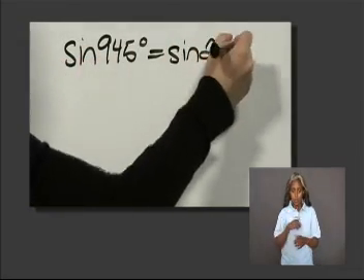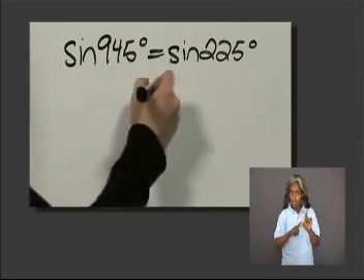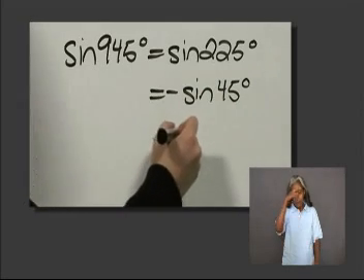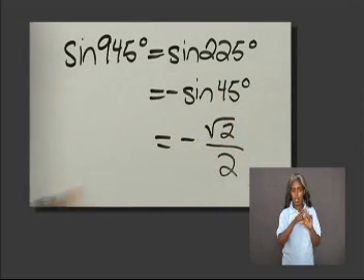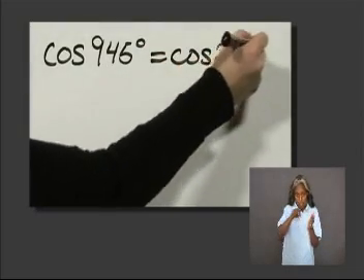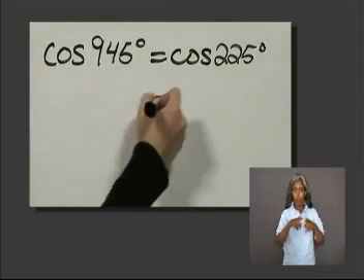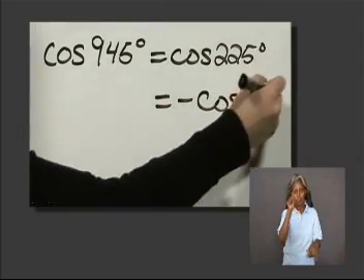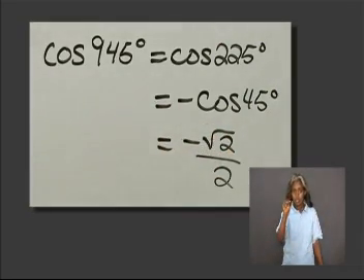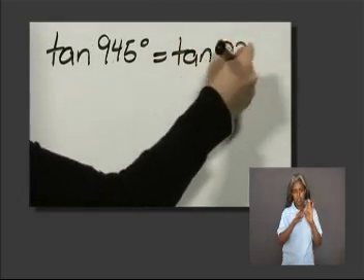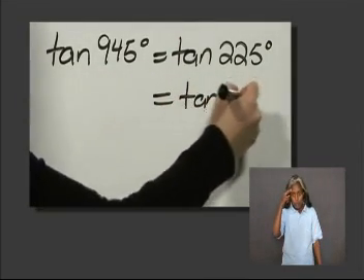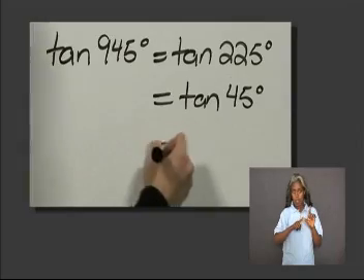We use that reference angle to calculate the trigonometric values. Because coterminal angles have the same trigonometric values, these values are the same for the large 945-degree angle. But the sine and cosine are negative and the tangent positive because the original angle is in the third quadrant.